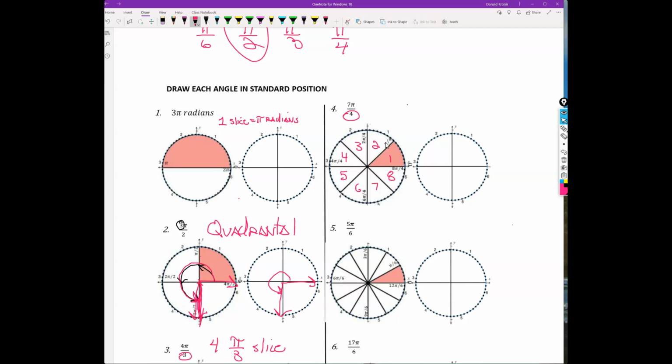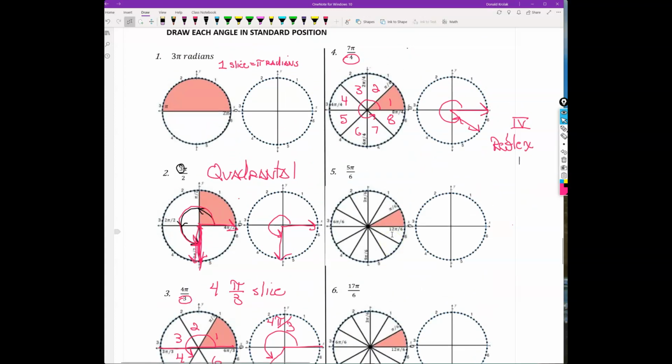Now we want to count 7 of those going counterclockwise. 1, 2, 3, 4, 5, 6, 7. So my angle would look something like that. That ends in quadrant 4, and yesterday we learned, or the day before actually, we call that a reflex angle because it's more than 180 degrees.